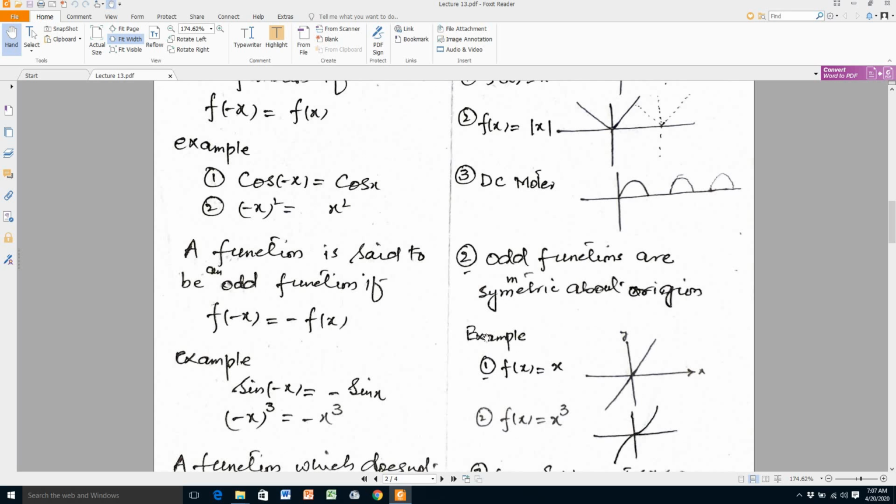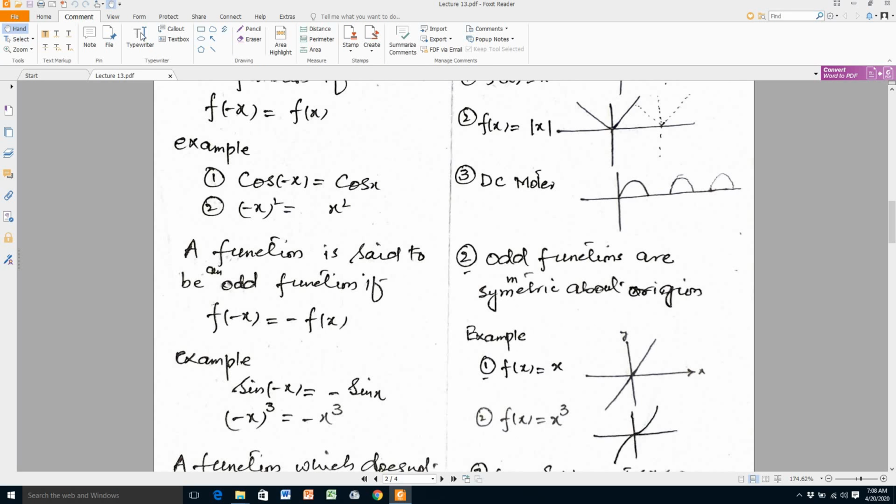Here an example of the odd functions is f of x is equal to x, and its graph is in this way. If I take a 180-degree rotation, this side comes here and this side comes here, and this is again the same line.